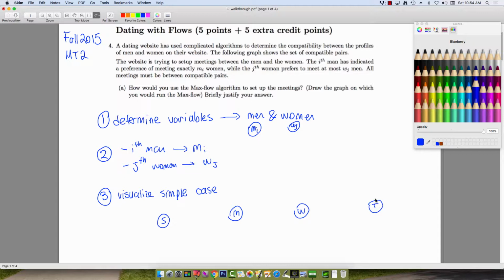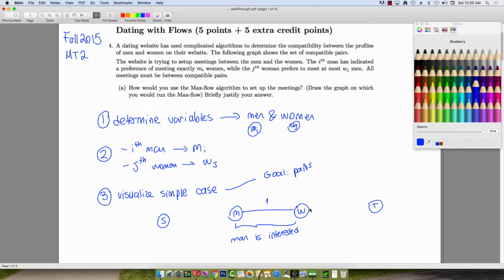While visualizing the simple case, we should not forget the goal here is to show compatible pairs. One pair in this question is defined as the relationship between one man and one woman, and since we don't need any special weights, we will go with the simplest case of an edge weight of 1. This shows that this man is interested in the woman.